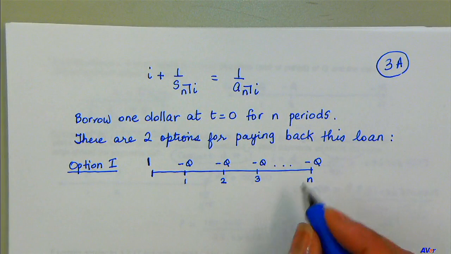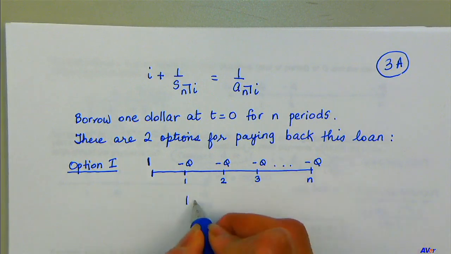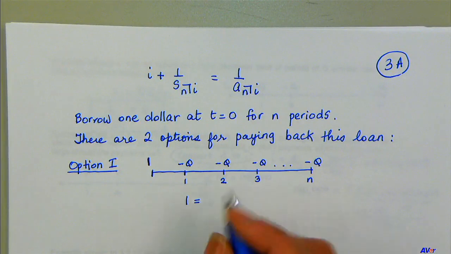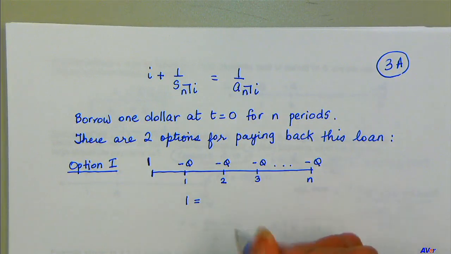Would it be 1 equals Q times v plus v squared plus up until v to the n? Which is called what? Didn't we have a symbol last class for the present value of one payment at time 1, one at time 2, up to time n? There's a short way to say that, right?